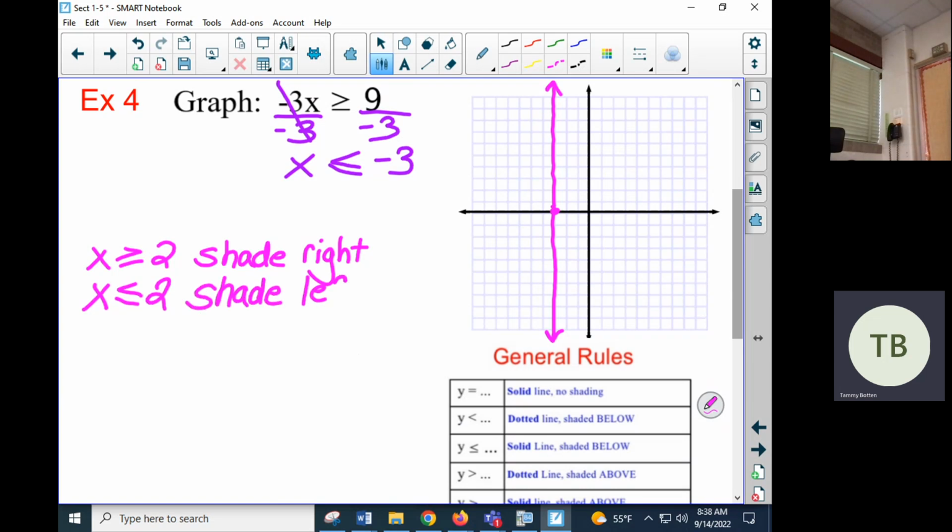And it's common sense, like here they want all x's less than or equal to -3. Well, where your x's would be less than -3 would be over here. But if you want to write that down, you certainly can. So if x is less than, you're going to be shading over here.